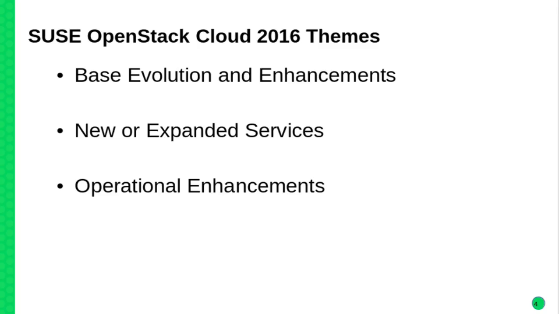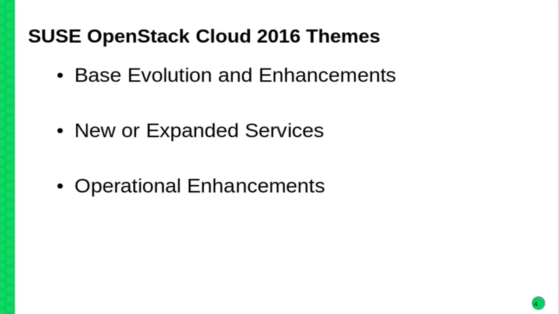So as we sit down and go through developing our roadmap, we try to pull together the various engineering activities, the various enhancements, and pull them into what we call themes. And the major themes that we picked for 2016 were evolving the base and enhancements to the base infrastructure. And that includes both the upstream version of OpenStack that we use, as well as the version of SUSE Linux Enterprise Server that we base the solution on.